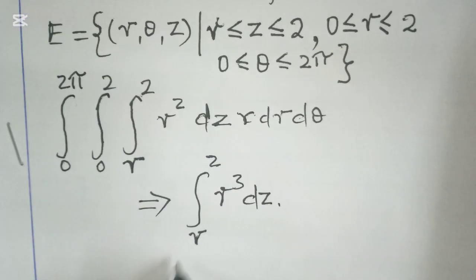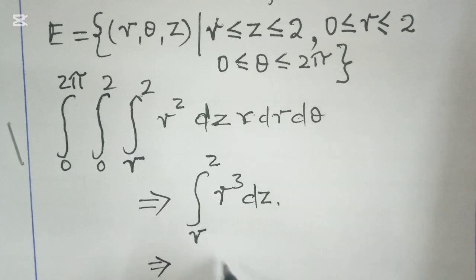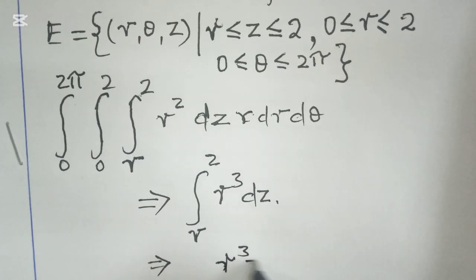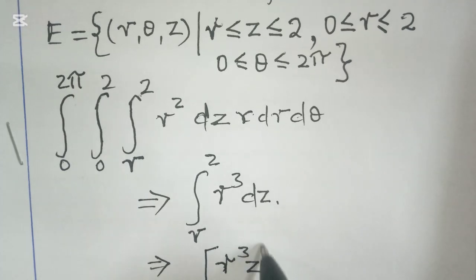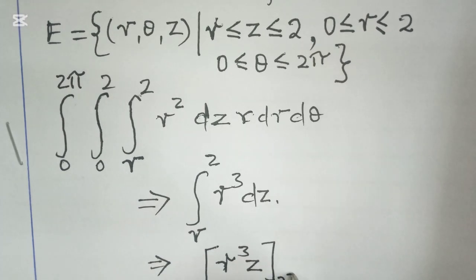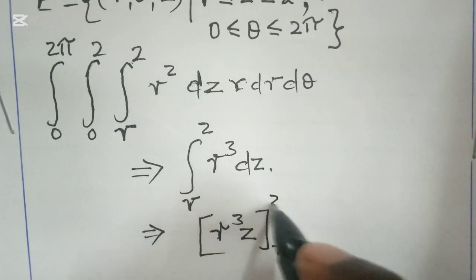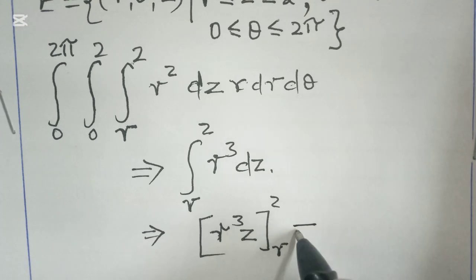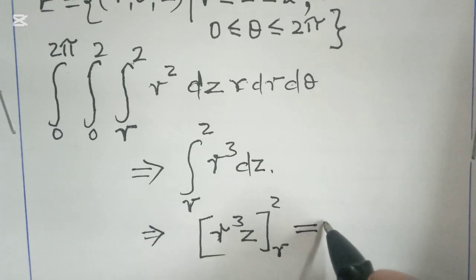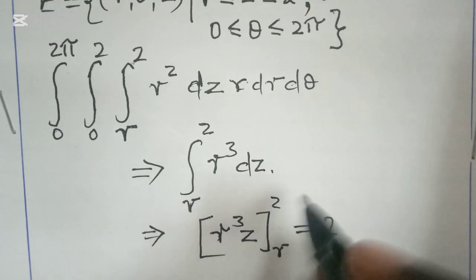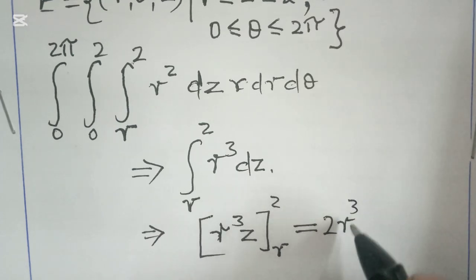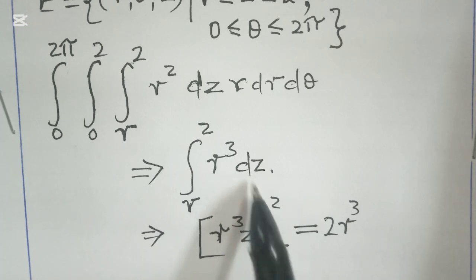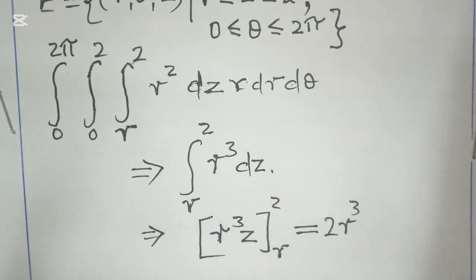So guys, for that, we are going to have r cubed, then z, limit from r to 2, like that. So this one will give us 2r cubed. Remember that at this point r is constant because we are integrating with respect to z. That's why I wrote z there.